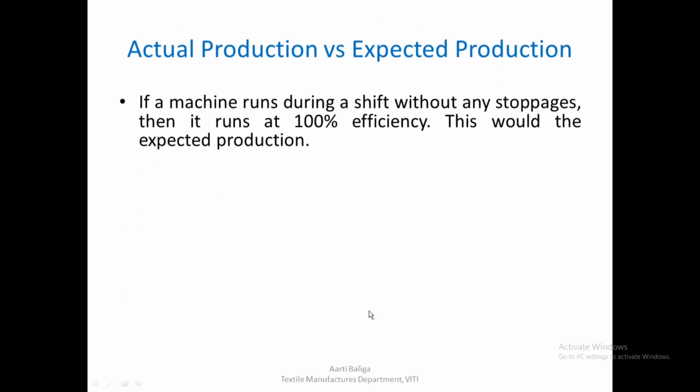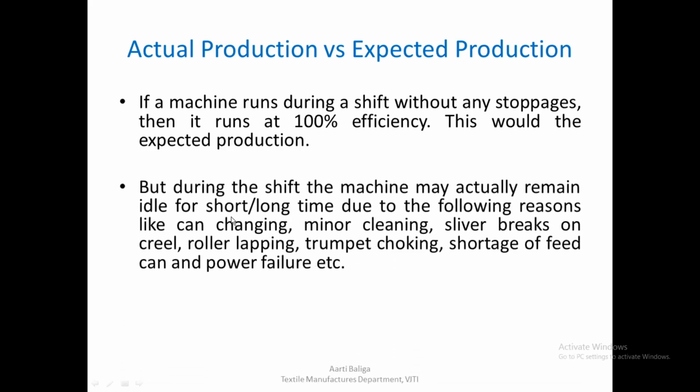So now let us go to one more topic, which is efficiency. Before going into efficiency, let us know the difference between actual speed and expected speed. Imagine that the machine is running during a shift without any stoppages. It will be said to be running at 100% efficiency if it runs without any stoppage at all. The production that it gives would be called the expected production. But during the shift, the machine actually stops for some time. It is idle due to various reasons for a short time or a long time.